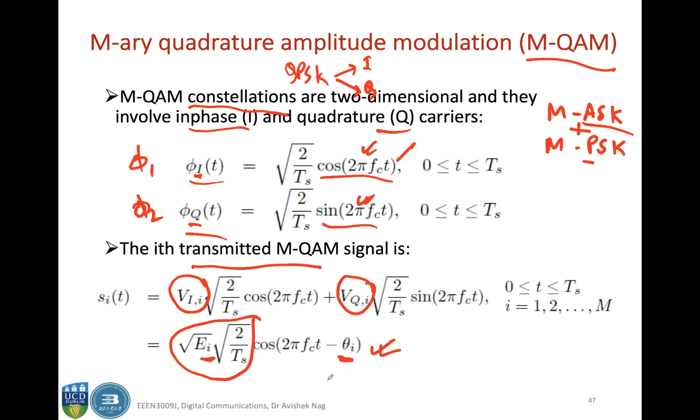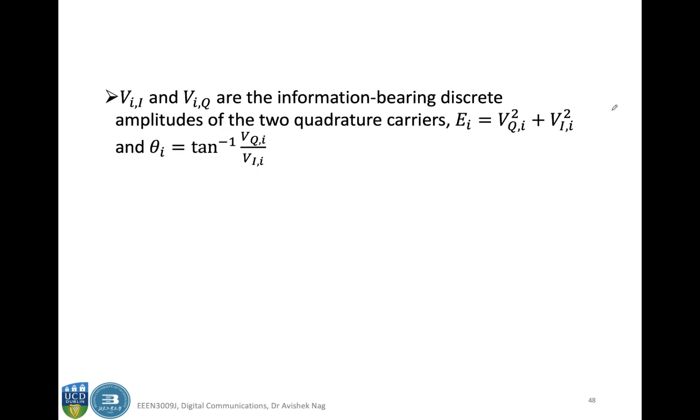That is why this is called QAM, where you have both ASK and PSK involved. So this V_Ii and V_Qi are the information bearing discrete amplitudes of the two quadrature carriers. You can write the energy E_i as V_Qi squared plus V_Ii squared, and theta_i is the angle, which can be defined by tan inverse V_Qi over V_Ii.